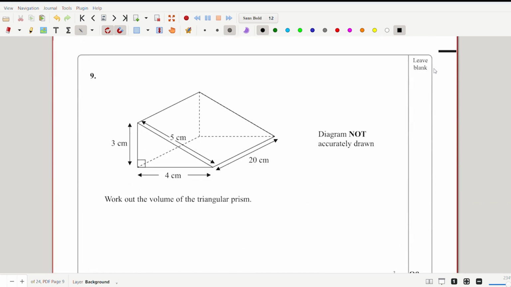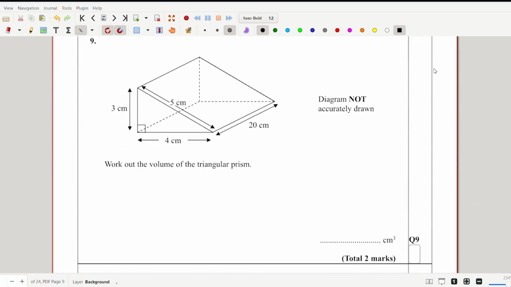So question 9 now. Here we have a triangular prism, work out the volume. Working out the volume needs just the area of the cross section times the length.